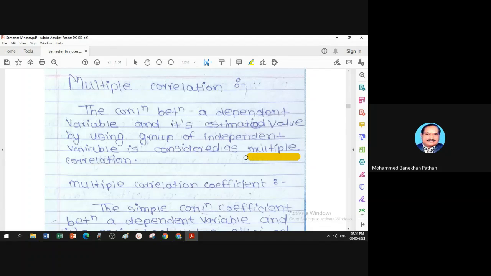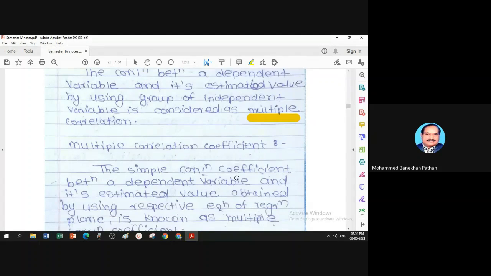How is it true? One variable is x1, and what is x1 cap? It is a joint effect of the remaining group of independent variables. So in the true sense, the number of variables under study is more than 2, and that's why this correlation is labeled as multiple correlation.